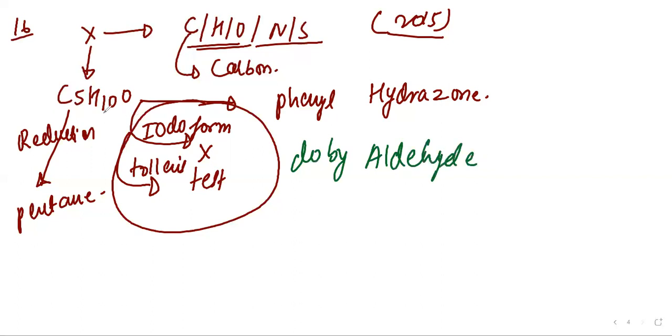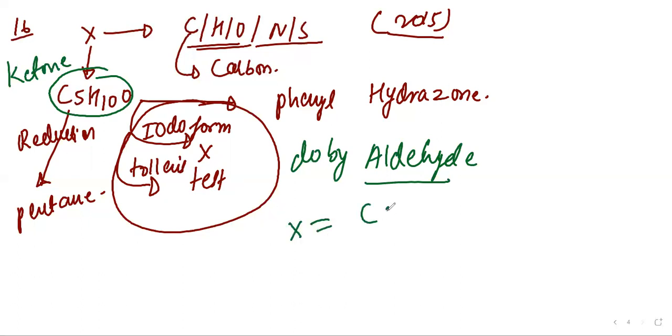So it confirms that this molecular formula doesn't contain an aldehyde. So it must be a ketone. So write the ketone general formula. The molecular formula is C5H10O.